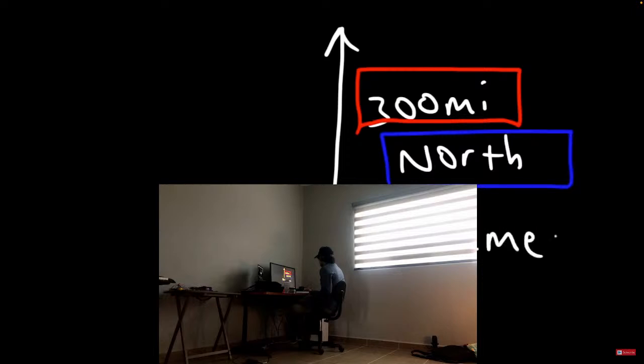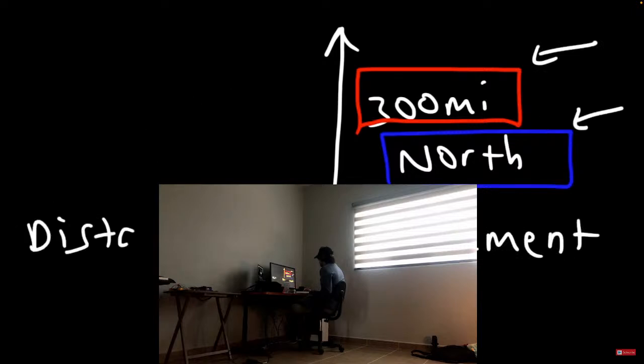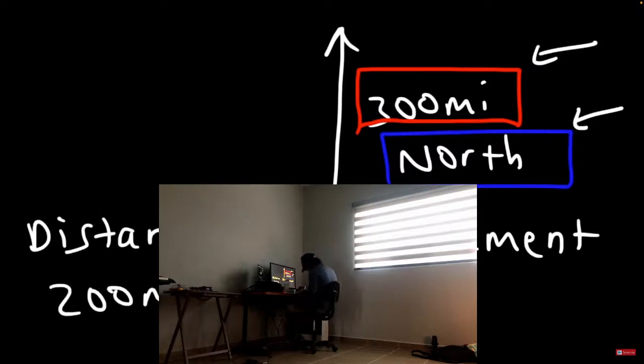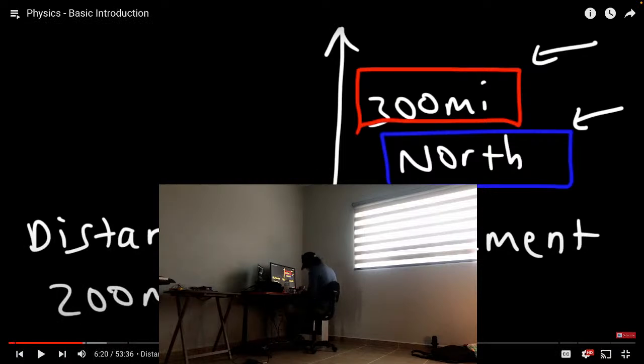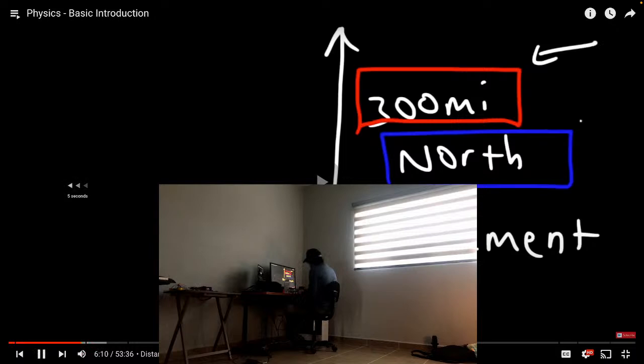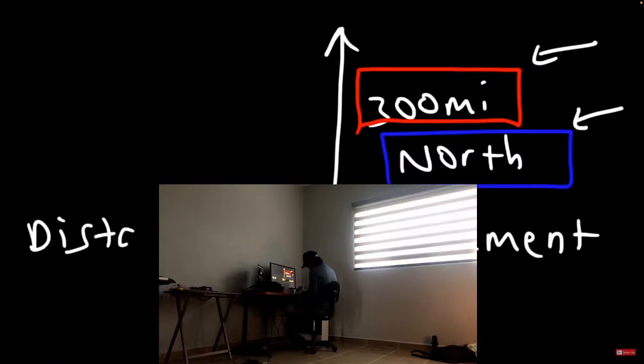Displacement is a vector quantity. It has both magnitude and direction, whereas distance is a scalar quantity.